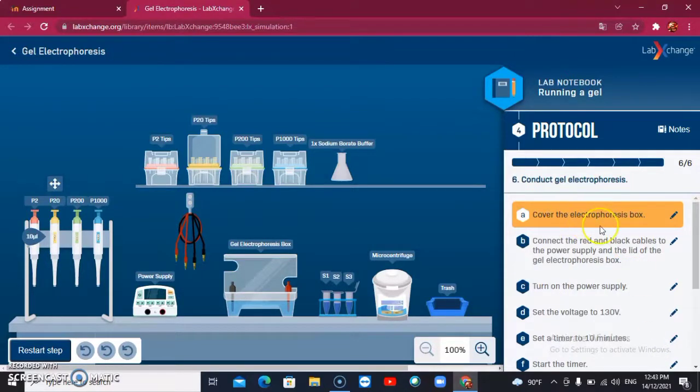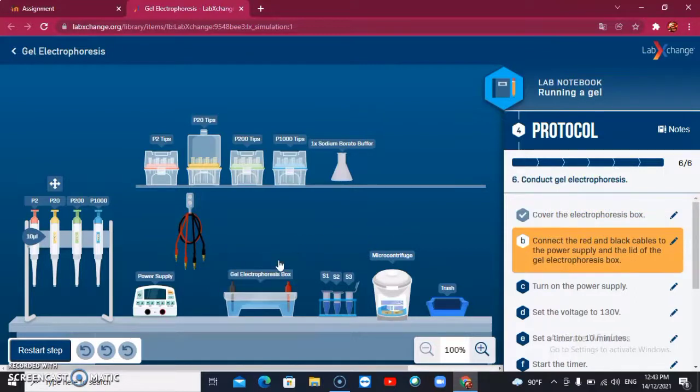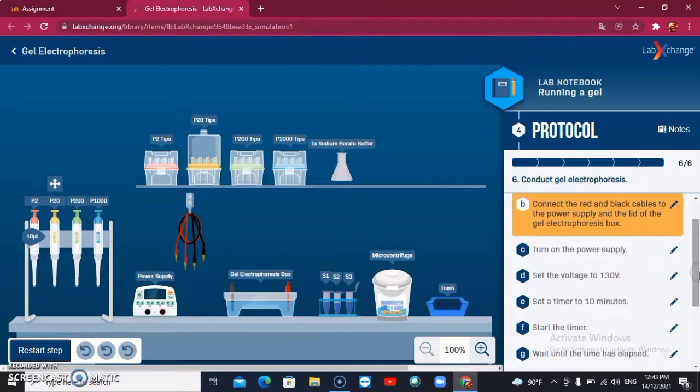Now cover the electrophoresis box. Connect the red and black cables to the power supply and the lid of the gel electrophoresis box.